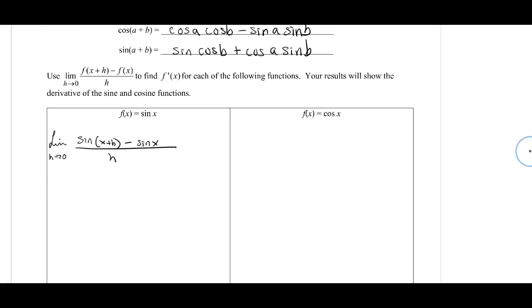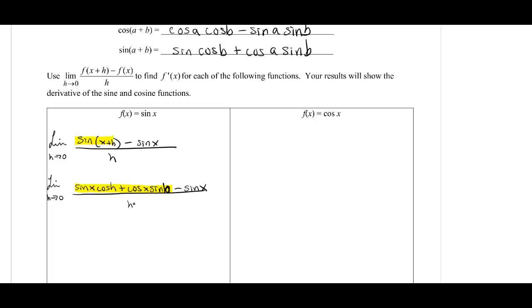Then using my sine rule up here, I can expand this right here. Still have the limit as h approaches 0. And my sine x plus h is now sine x cosine h plus cosine x sine h, minus this original sine x, all over h.